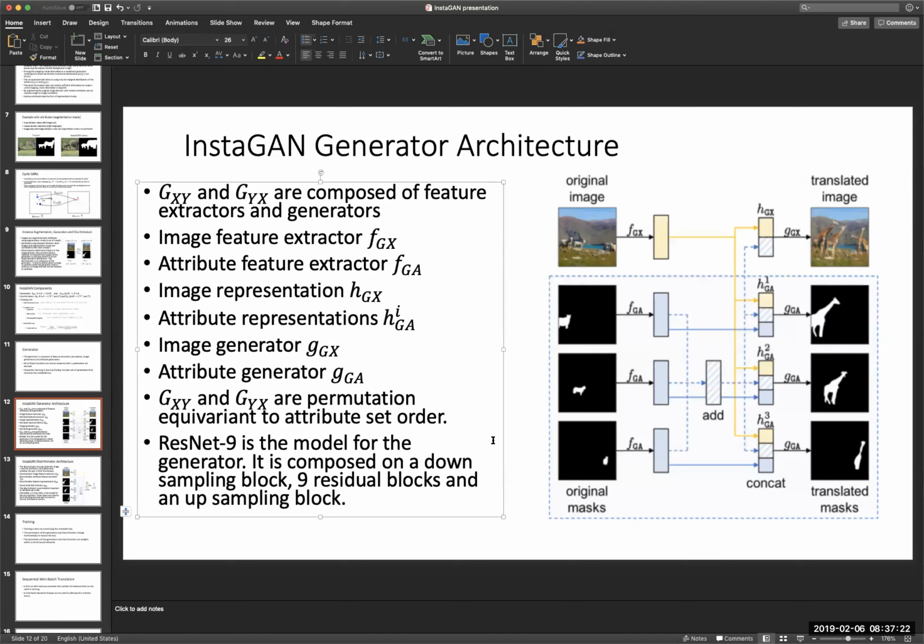So you don't just have to manually segment your masks. You can use predicted segmentation, some kind of semantic segmentation, and that can reduce the cost of collecting these image attribute domain data.